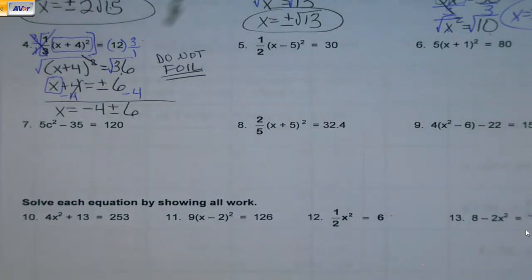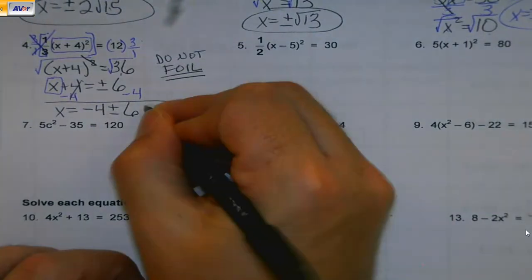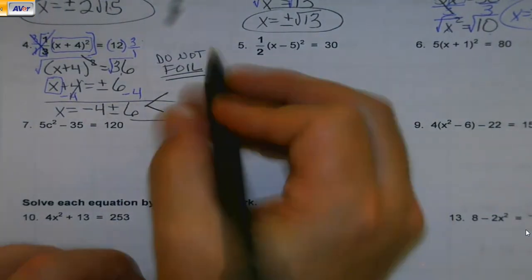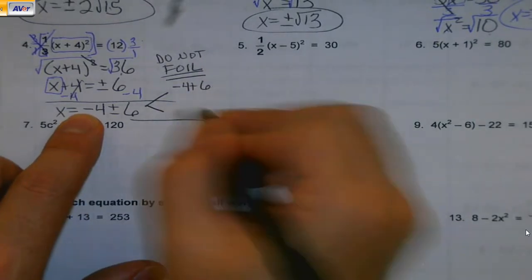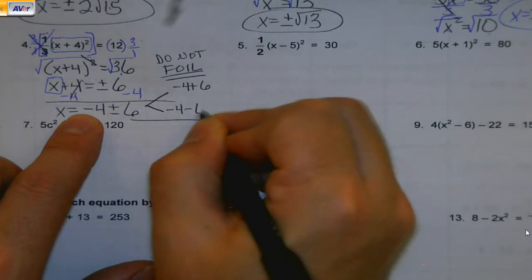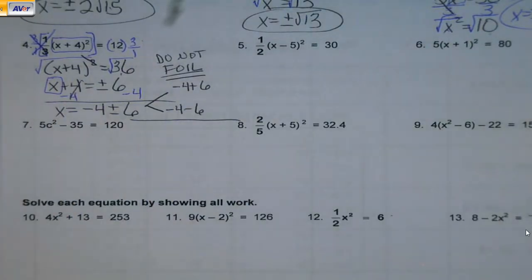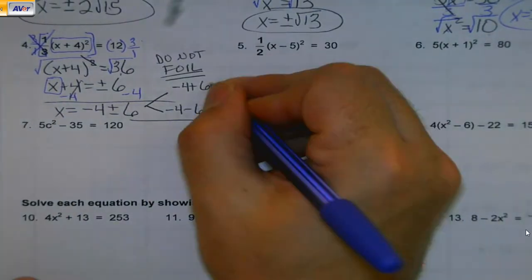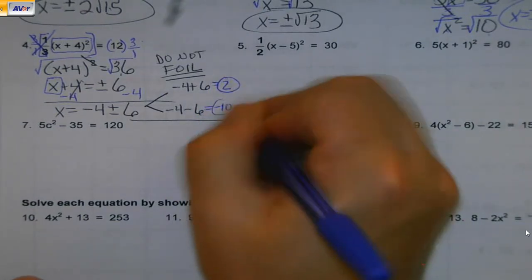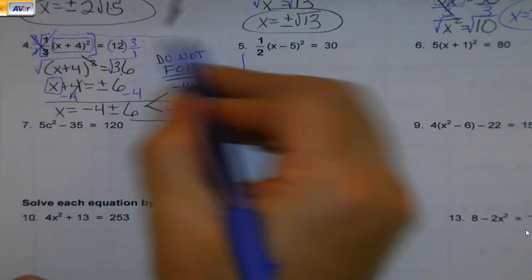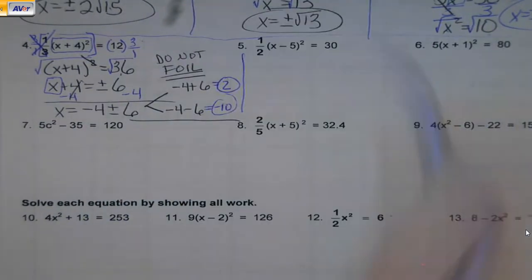I'm keeping them separate. And so what I can do here, since there's no radicals left, is I can separate them and say, okay, so I got negative 4 plus 6. I got negative 4 minus 6, if I just follow along. And I can actually get those two answers.